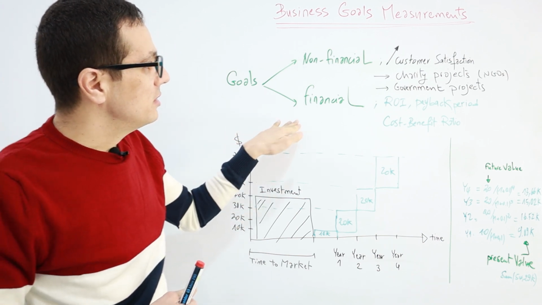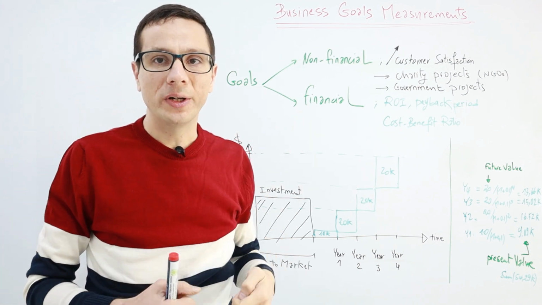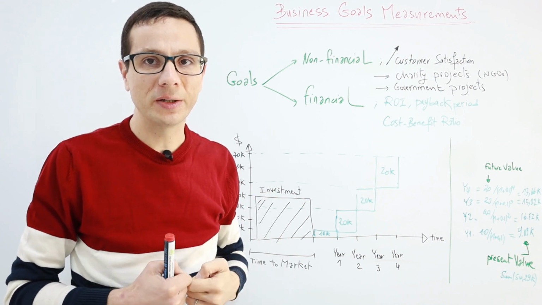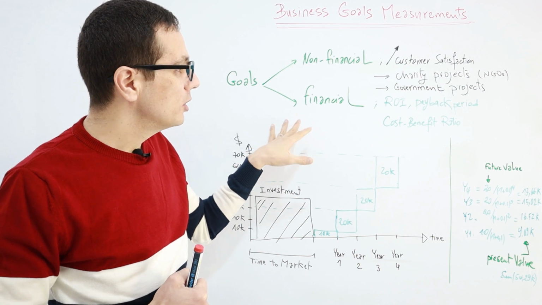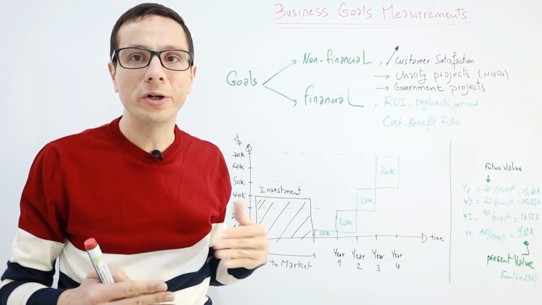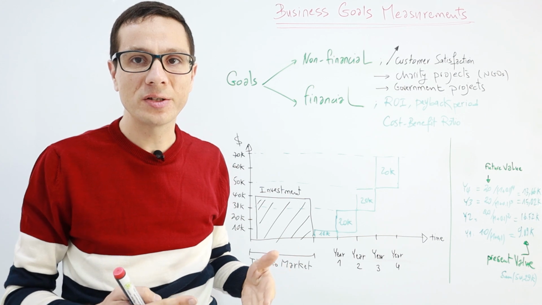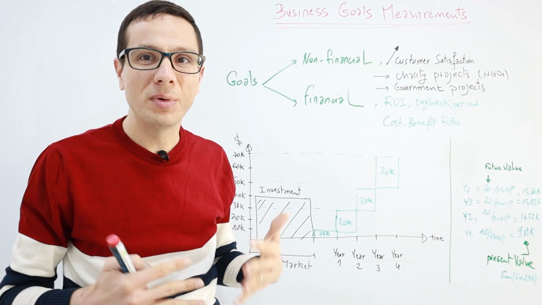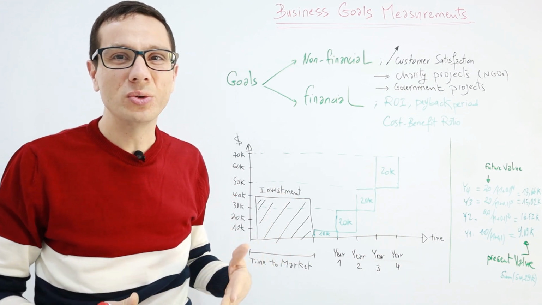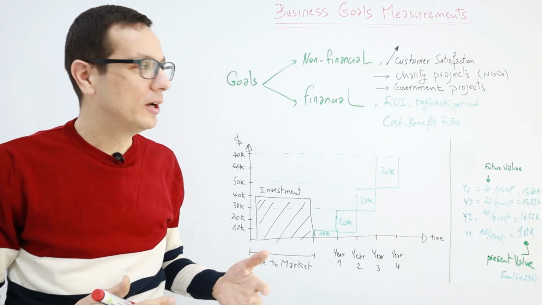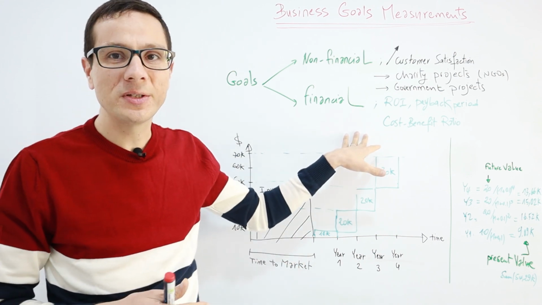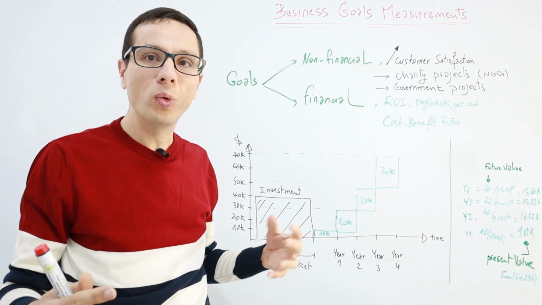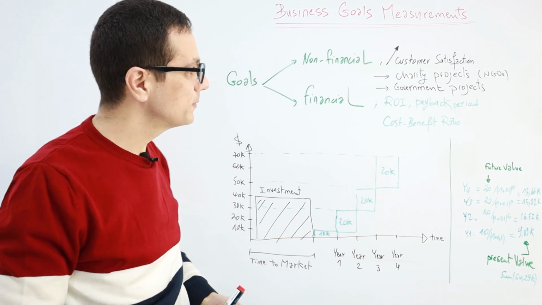The next type is the financial type, where you are investing money and you are expecting to receive money back. And usually when we are facing one or many projects, if we have the financial mindset and we try to get the maximum benefit, we will adopt some measurements in order to compare between these projects and know whether we are in a good situation or not.